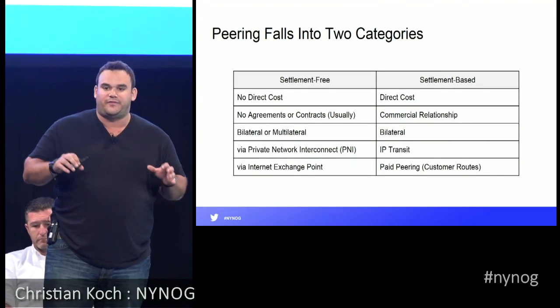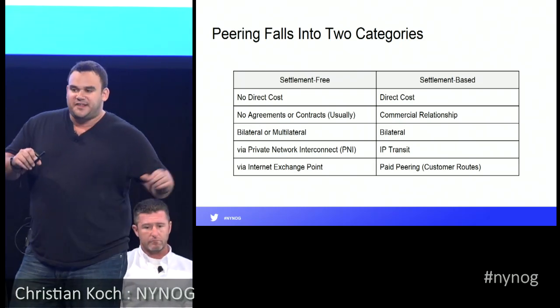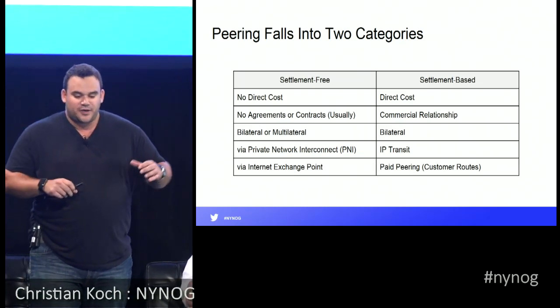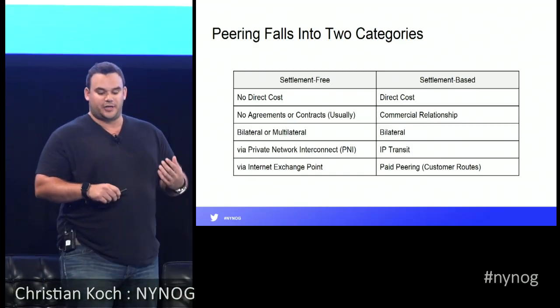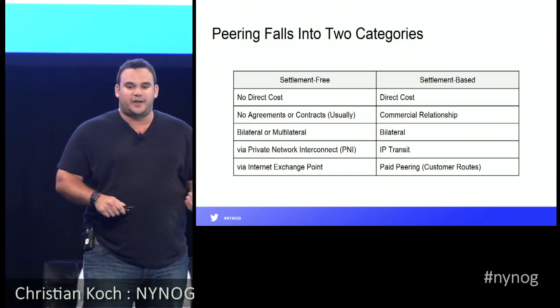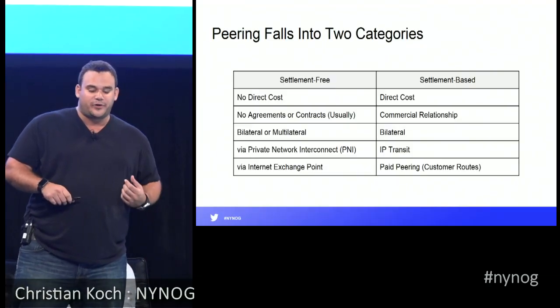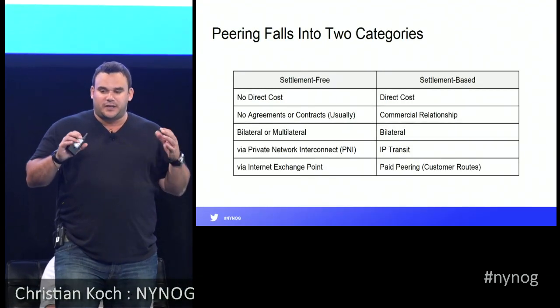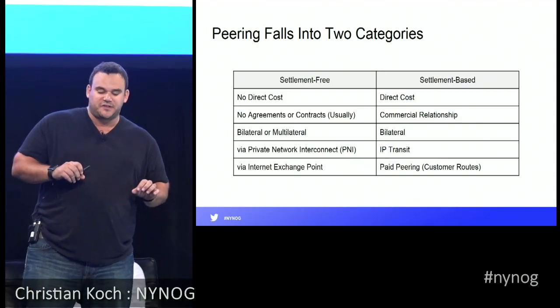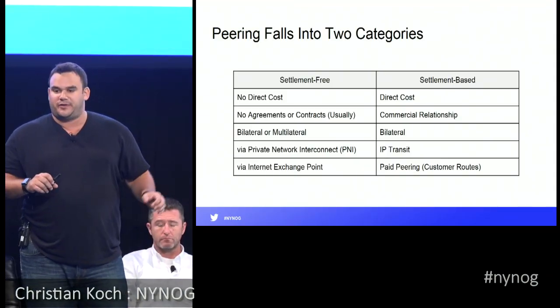When we talk about peering, it falls into two categories, settlement-free and settlement-based. Your typical company might buy IP transit, and that's settlement-based interconnection. When you're joining an internet exchange or you're engaging in private peering, that's settlement-free. So some of the factors that really help build these two things. Settlement-free peering, there's no direct cost.